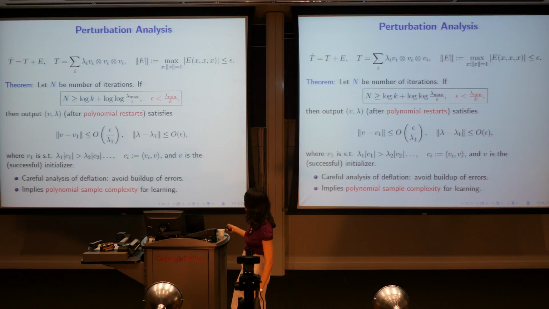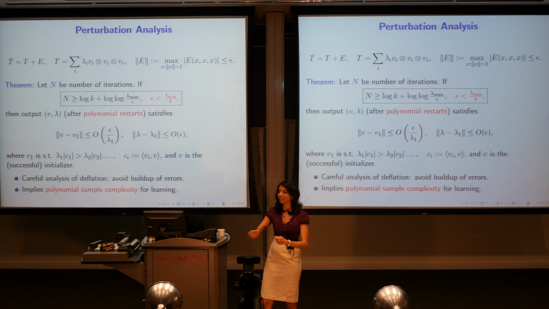And that's needed because, think of the noiseless case: I just needed a gap between the top one and the second one. But now I need this gap to be sufficiently large compared to the noise. So that's why I need more restarts. Just one random initialization may not work out. And that's why I meant that this is some polynomial.